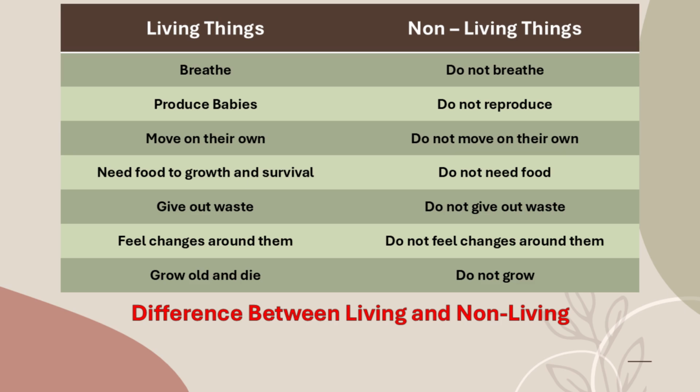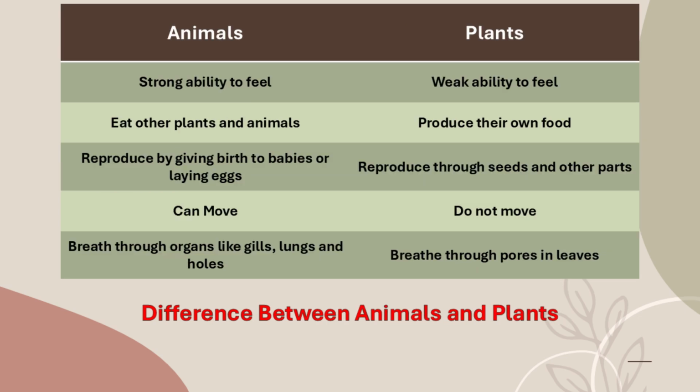Now let us see the difference between plant and animals. Though plants and animals are living things, they are different in many ways. Do you want to know how? Now, in terms of movements, plants cannot move from one place to another, but animals can move.